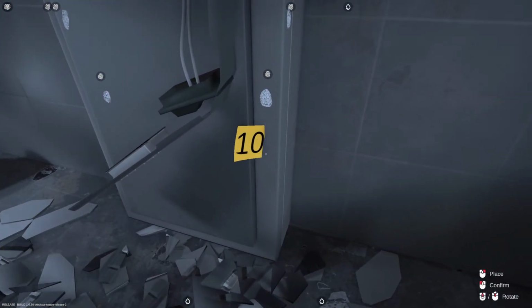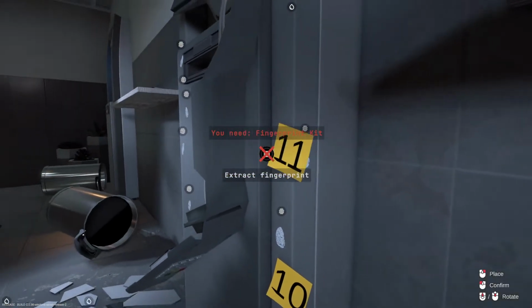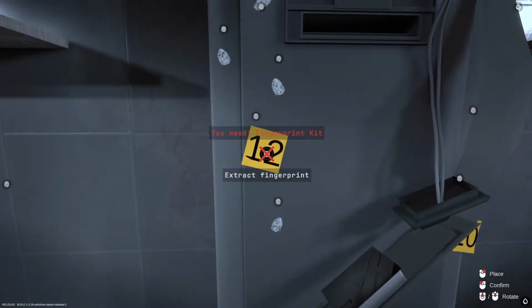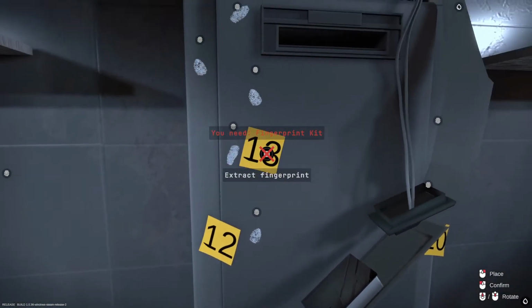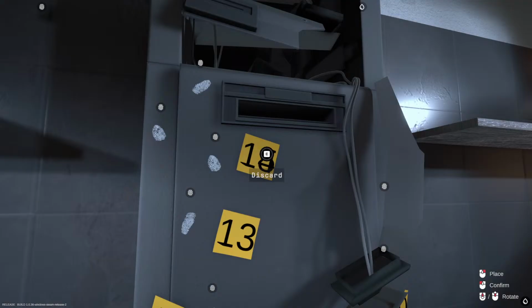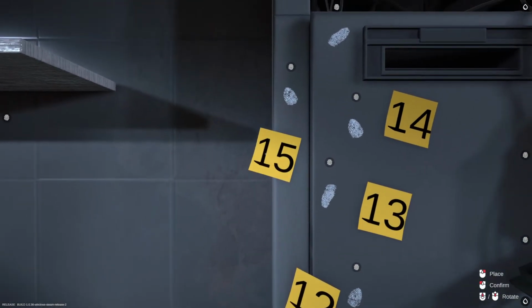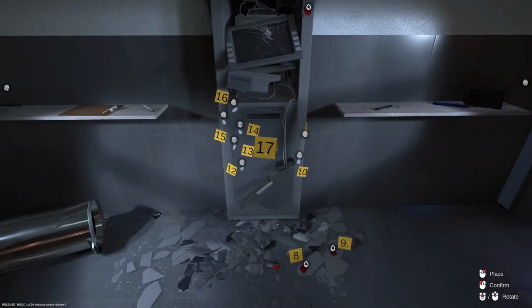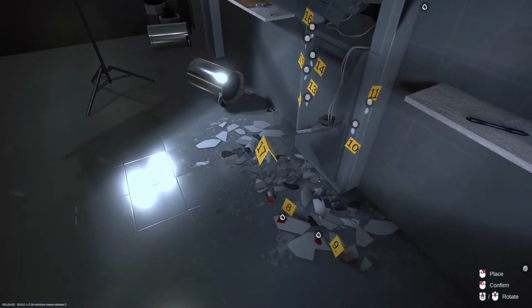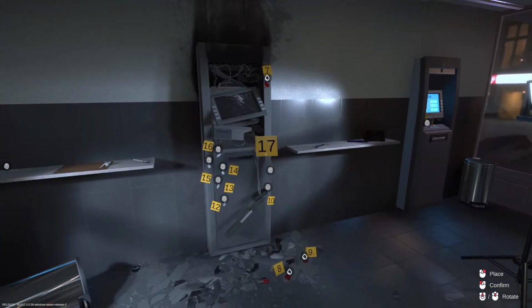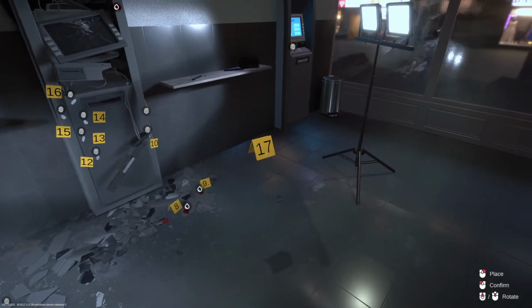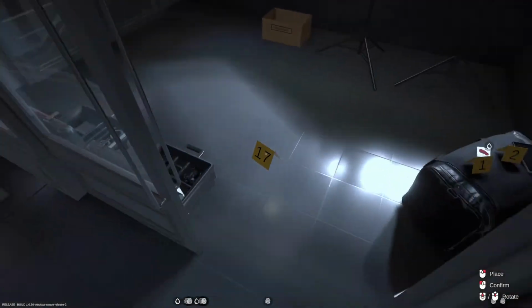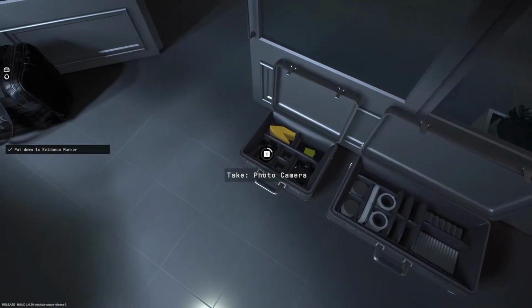So many fingerprints. Yeah, I think we got everything with the marker. Yep, seems good. Let's go ahead and take our pictures now.